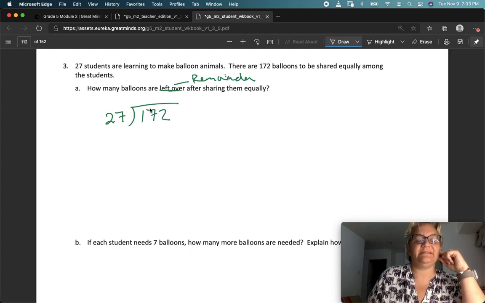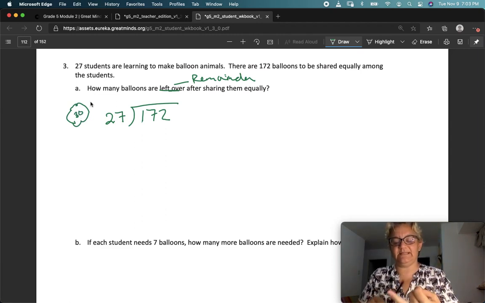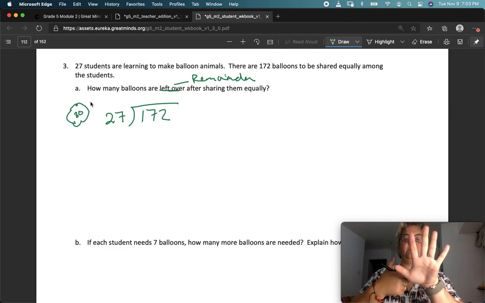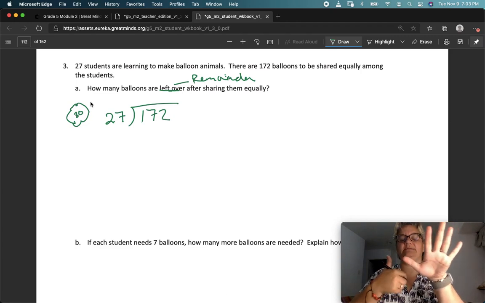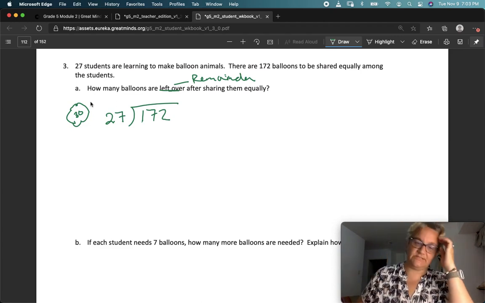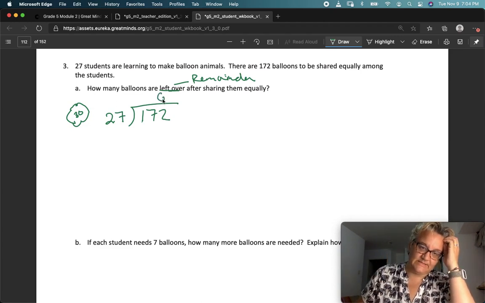27 into 17? No. 27 will go into 172 about, let's roll that up to 30, huh? So 30, 60, 90, 120, 150, 180, but 27 is less than 30, so I think we could give it a try. Let's try to do that by 6, huh? 6 here.